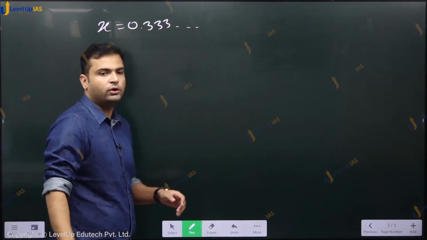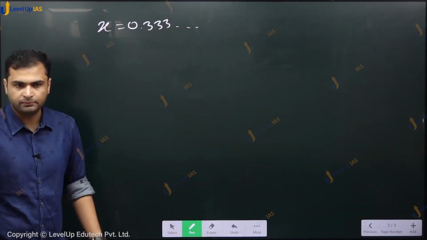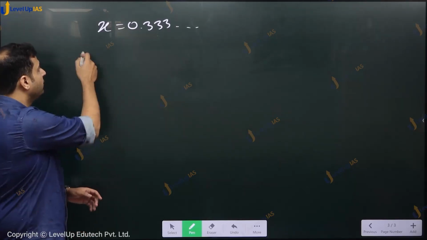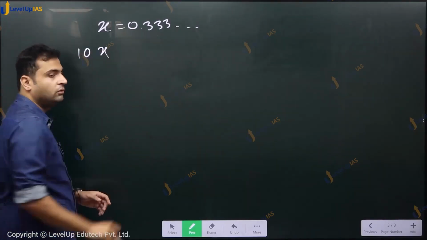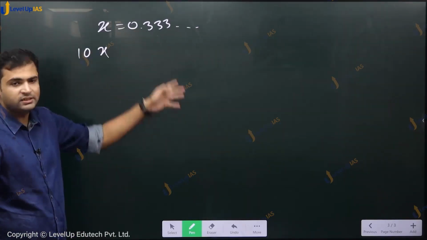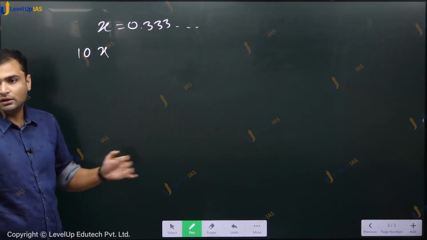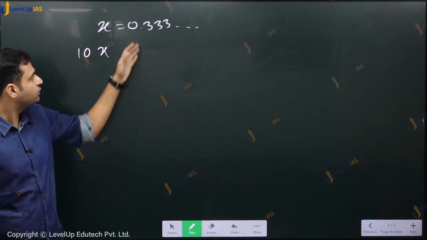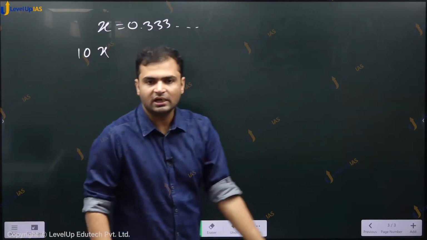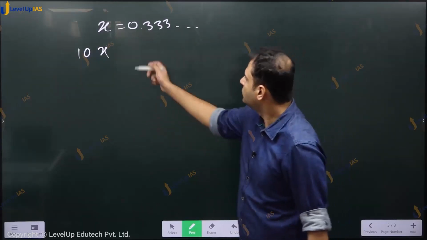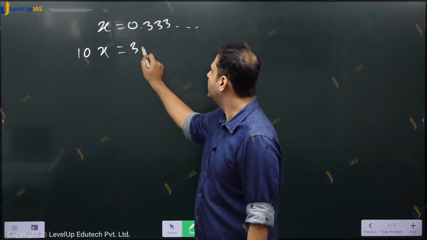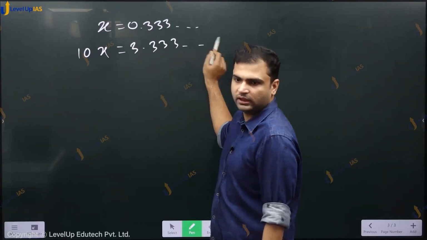So what we did was, if we have 0.333333 and we want to convert this into a fraction, we firstly multiplied by 10. Why 10? Because only one digit is repeated, and my main motivation is to get the same numbers after the decimal point. So if I try 10x, I will get 3.333333 and so on.